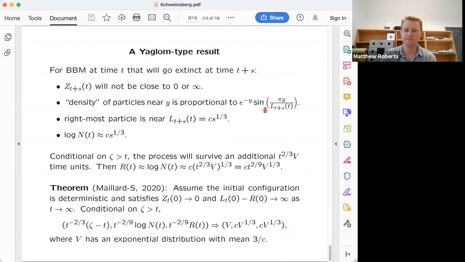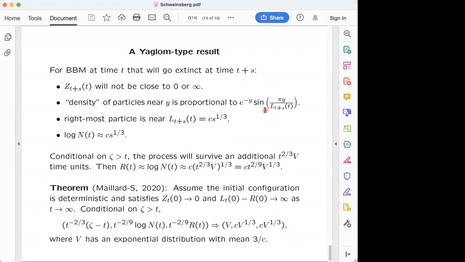Any more? I also have a follow-up question related to Matthew's question. You're saying that you might have Yaglom results related to the point process.